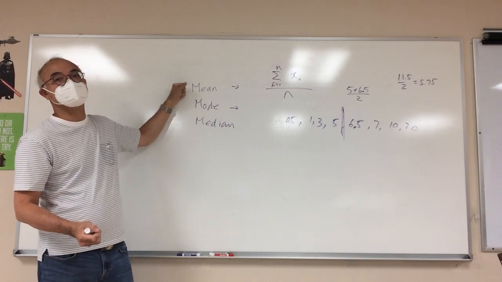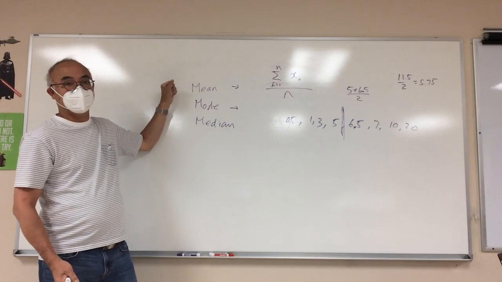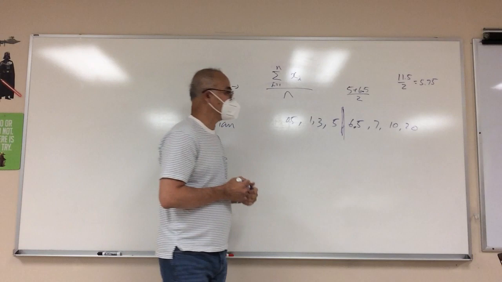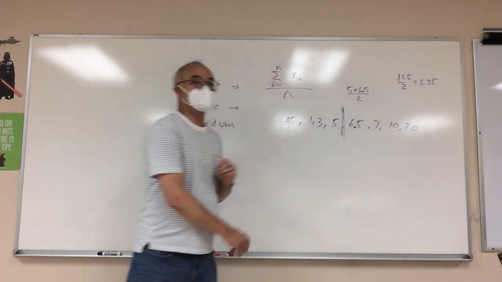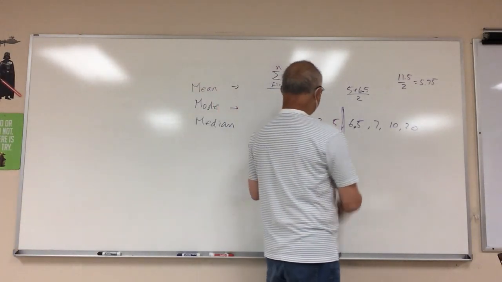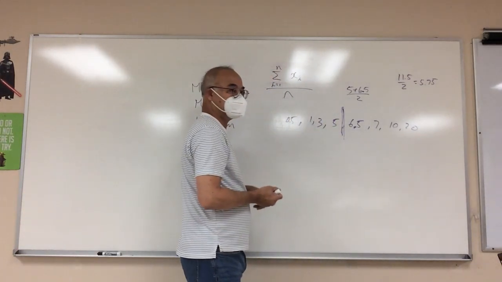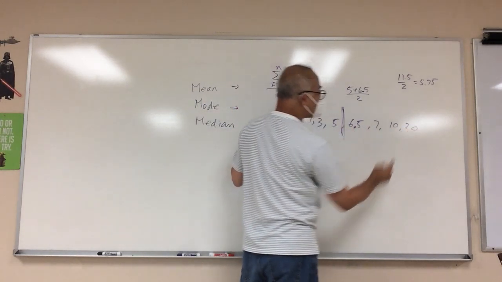Mean is not the most meaningful one, and I'll show you why. This is my initial data set that I start with, okay? And how would I find the average here? I have 1, 2, 3, 4, 5, 6, 7, 8 values.